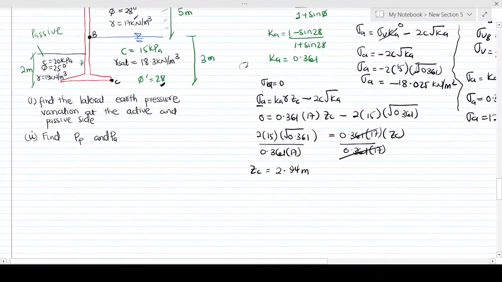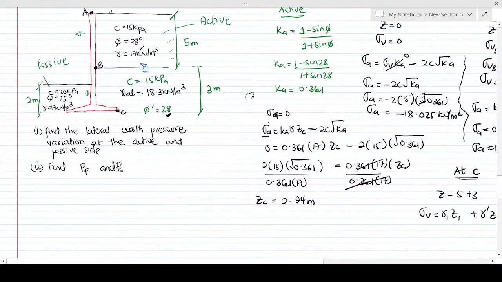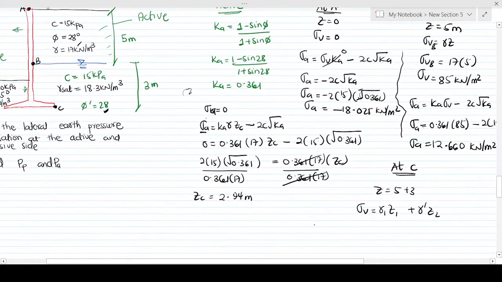So that's at B. When we come to C, let me do it here. At C, Z is what? 5 plus 3. And so the vertical stress there is going to be gamma1 Z1 plus gamma effective Z2, effective because there's pore water or groundwater level, right?